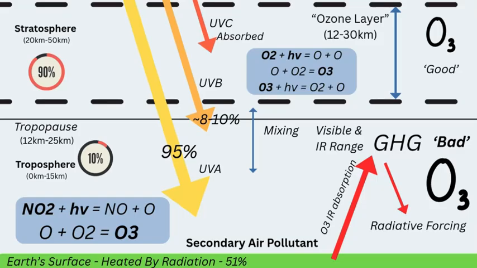So it's not the most powerful greenhouse gas compared to, let's say, water vapor or CO2, but it does play a major role in the temperature of the troposphere and the atmosphere by the surface of the Earth.